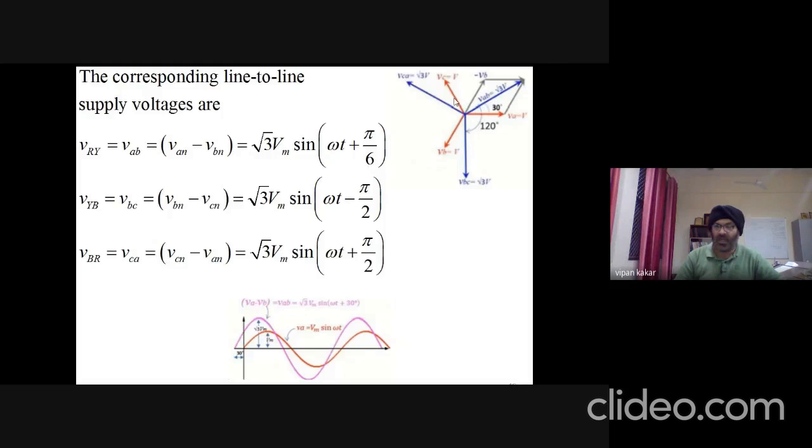And in between all phases, which are shown by a red line, we have 120 degrees of phase shift. So all these three red lines are 120 degrees apart. So just using this phasor, you can find out the resultant.